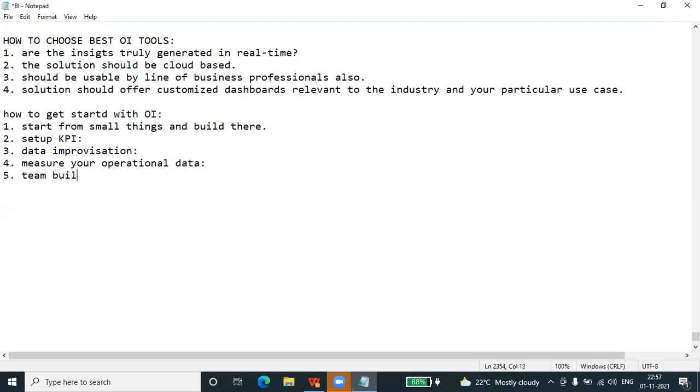Team building. Once your challenges are identified, it's time to start putting together a team that will select, build, and operate the operational intelligence solution. This is often spearheaded by someone in the executive suite, depending on the particular problem you are trying to solve.